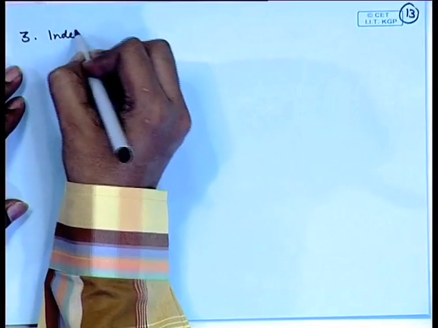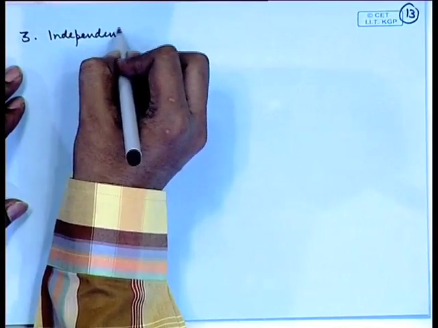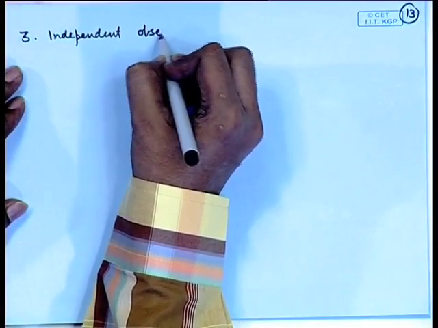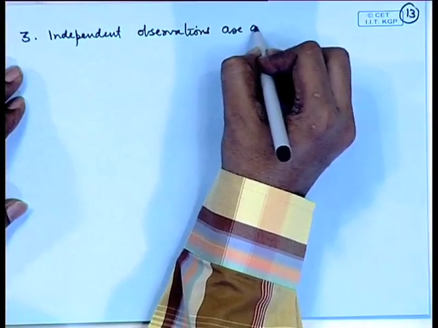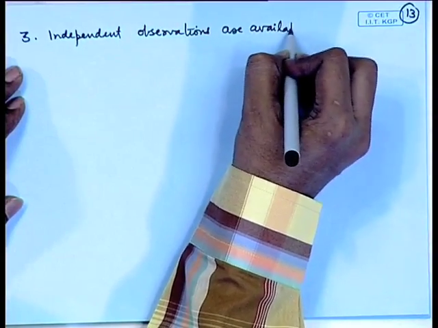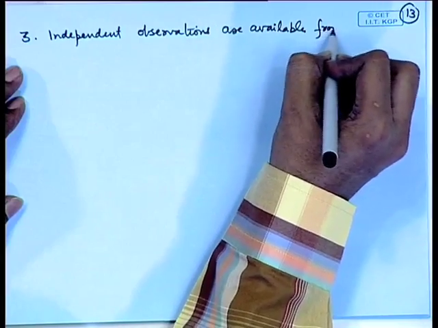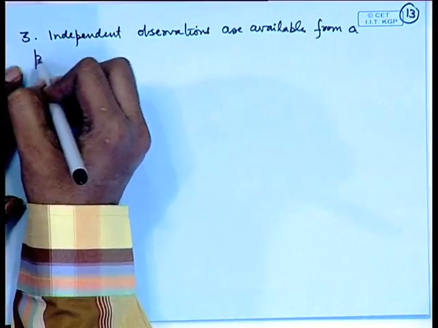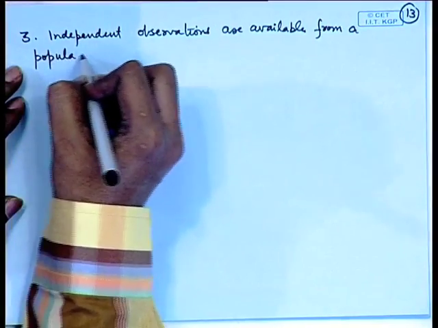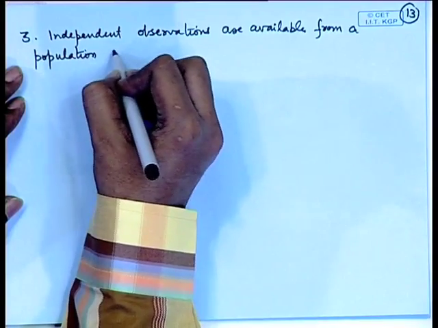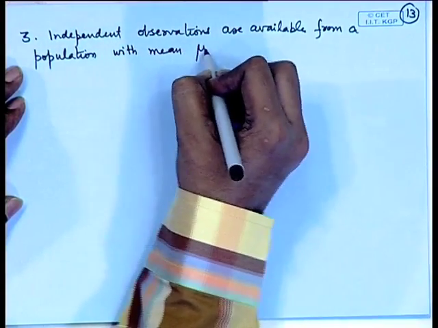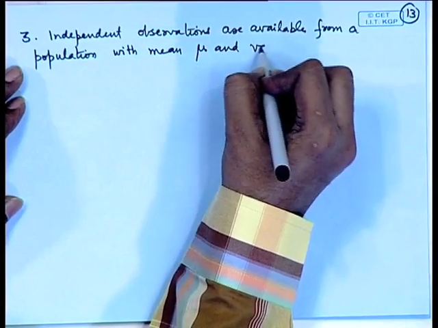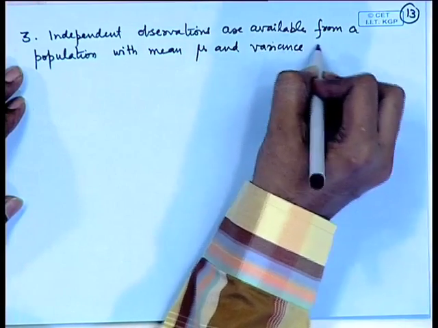Independent observations are available from a population with mean mu and variance 1.